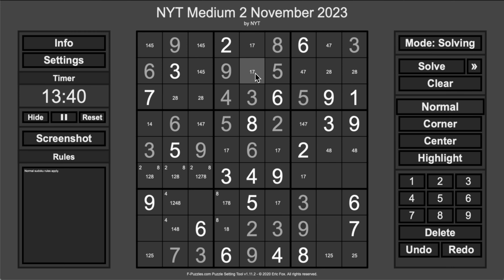Let's see. These aren't 5. This can't be 5. Well, guess what? That's a 5. Okay, whoops. No, this isn't 5, and that isn't 5. And so I've now got a 5 in one of these. Okay, that's a 1, 4, 7 triple across the row.